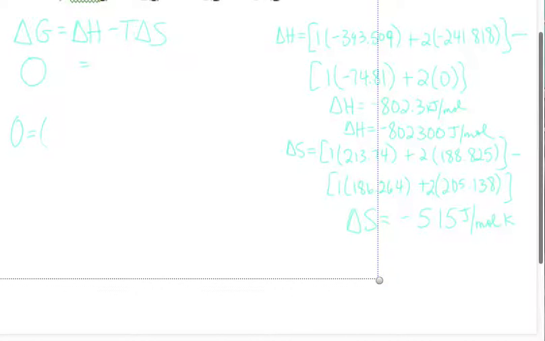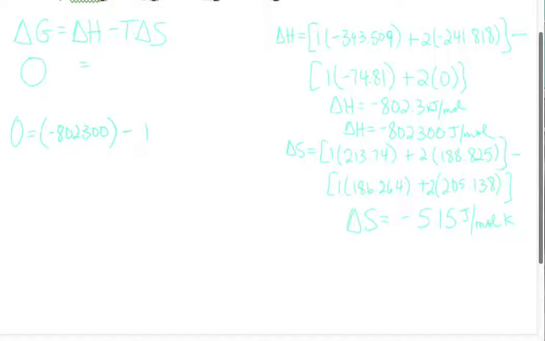0 is equal to delta H, negative 802,300, minus T times negative 5.15 joules per mole K. All right, so what is our temperature?